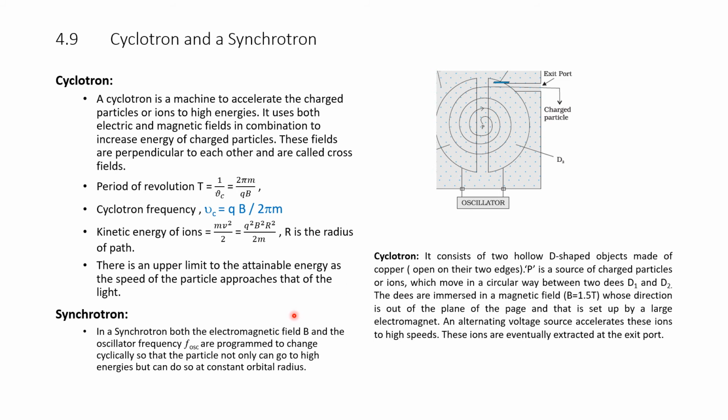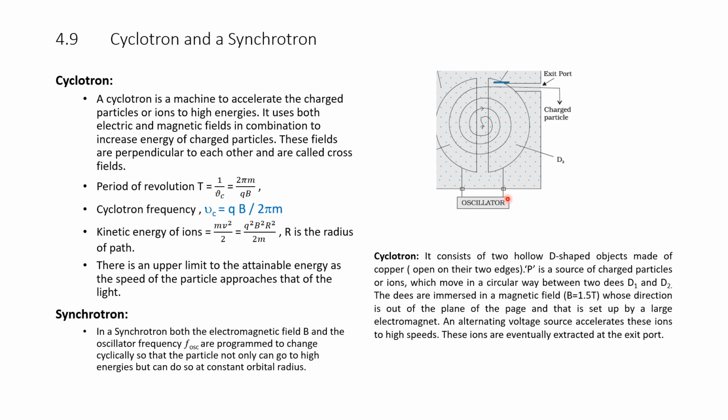This is the advanced and modified version of the cyclotron principle. So, cyclotron and synchrotron are examples of machines which use combined electric and magnetic fields to accelerate ions to very high energies. Hence, we will revise.